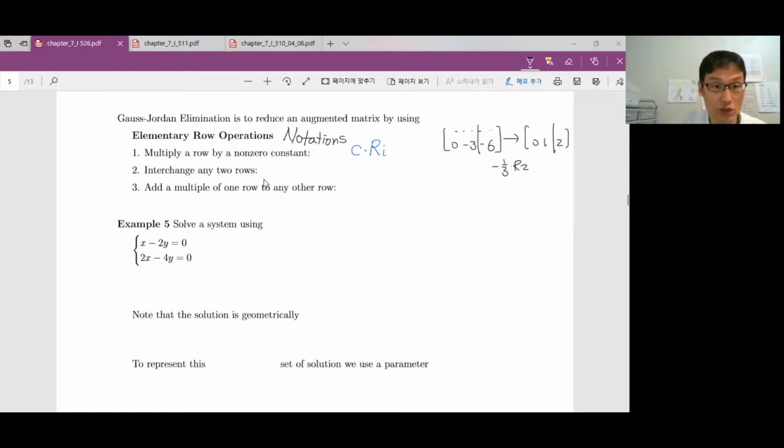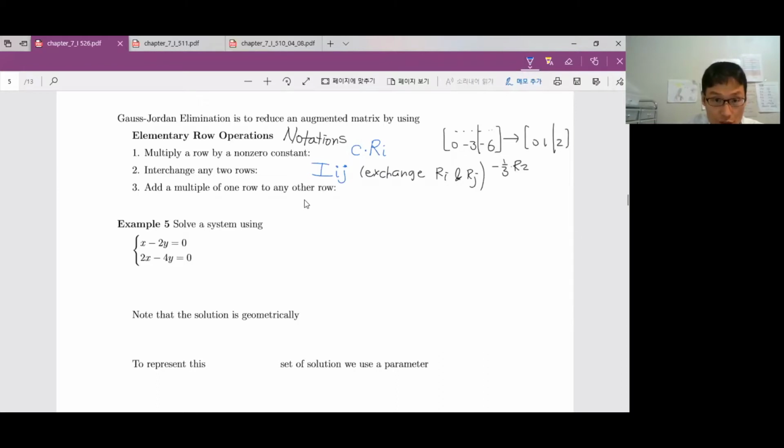Second, you can interchange any two rows. The notation is R swap i j, to exchange Ri and Rj. So you exchange the two rows. And you can add a multiple of one row to any other row.